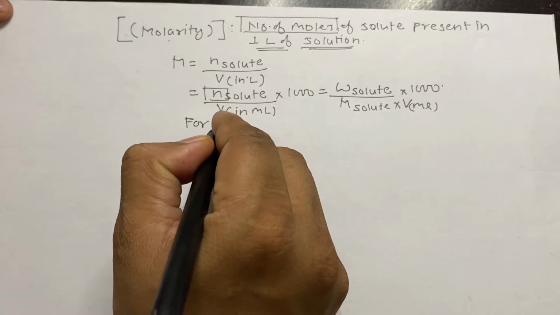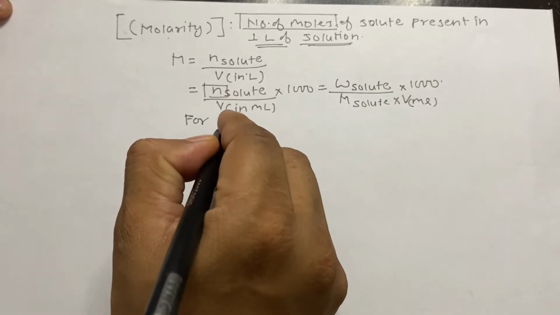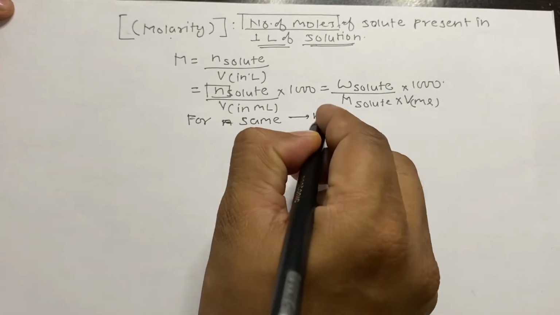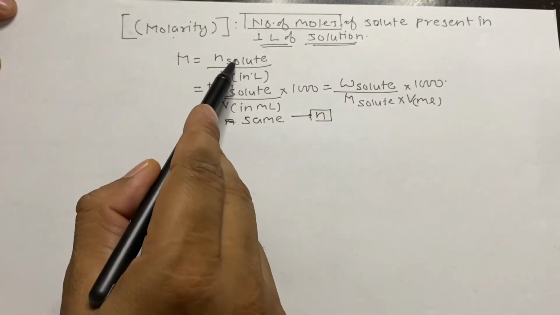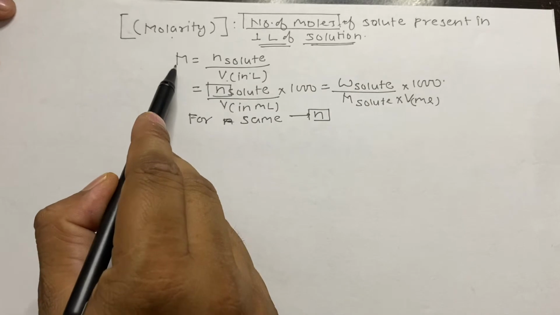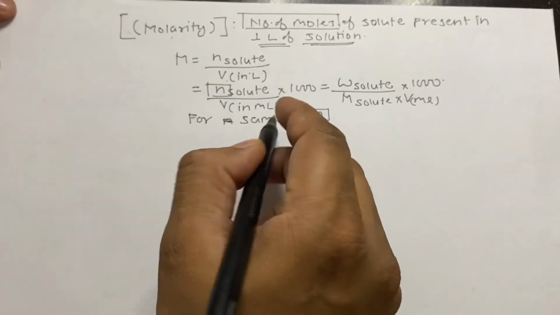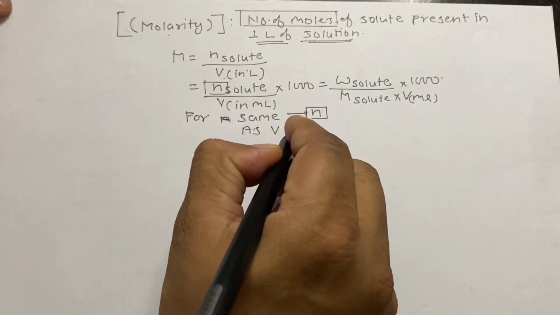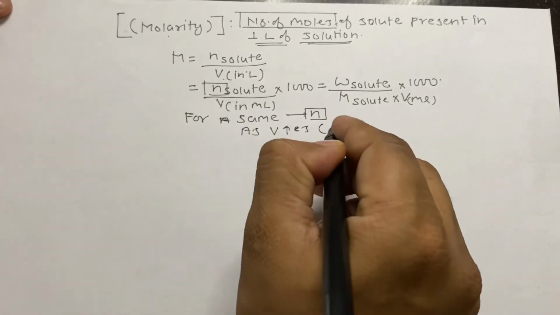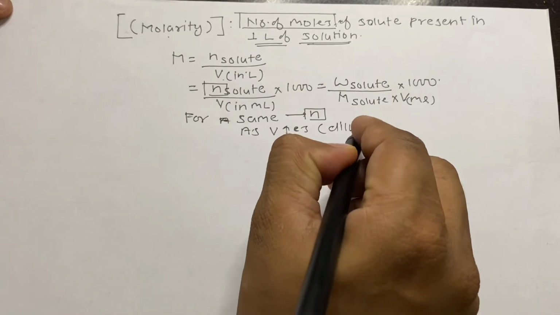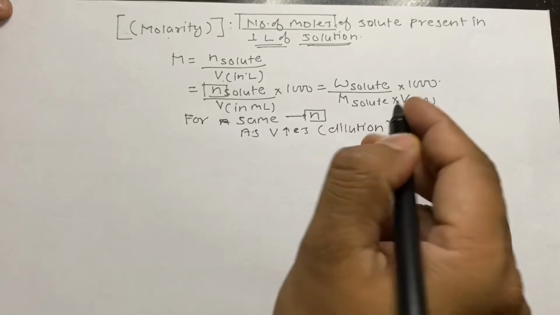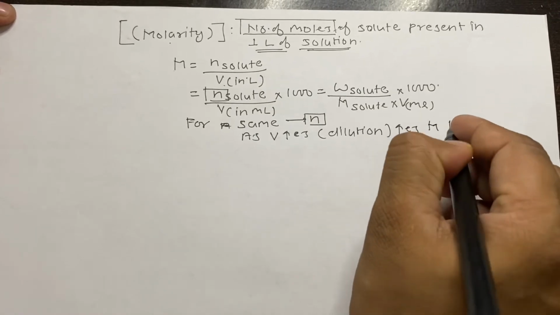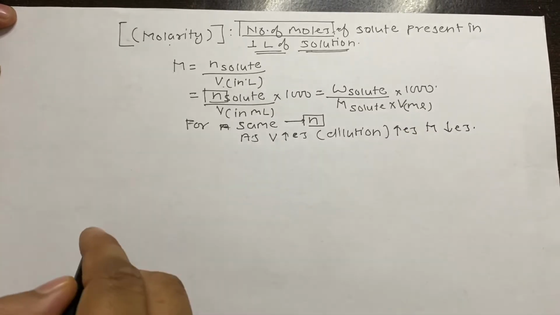Obviously from this expression, for the same number of moles, if V increases, then molarity decreases. For the same n, as volume increases, as in dilution, dilution increases, so the molarity of the solution will decrease.